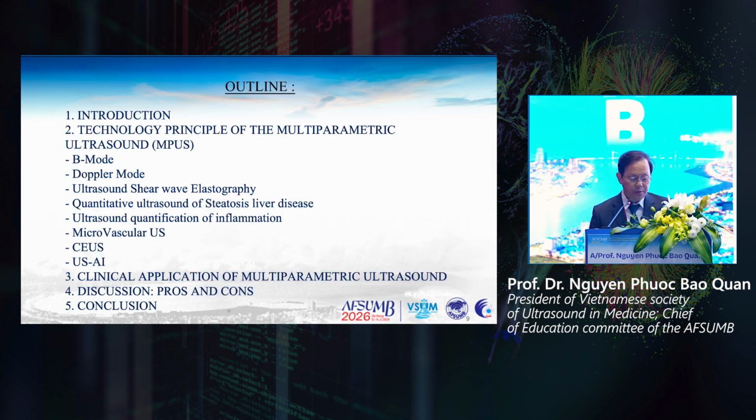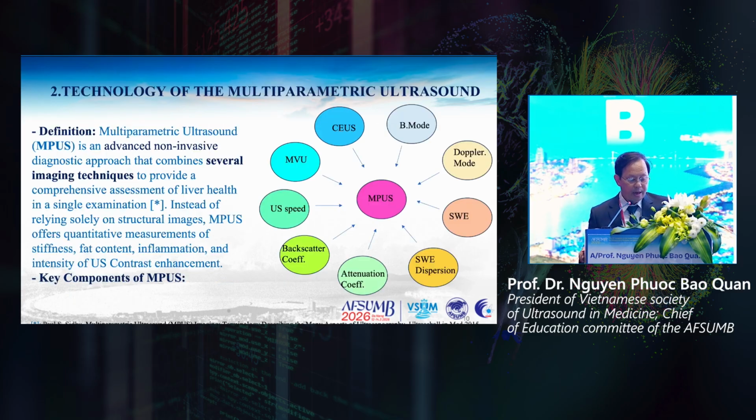Now we move to the technique of multiparametric ultrasound. As defined by Professor Paul Sidhu, multiparametric ultrasound is an advanced, non-invasive diagnostic approach that combines several imaging techniques to provide a comprehensive assessment of liver health in one examination only.